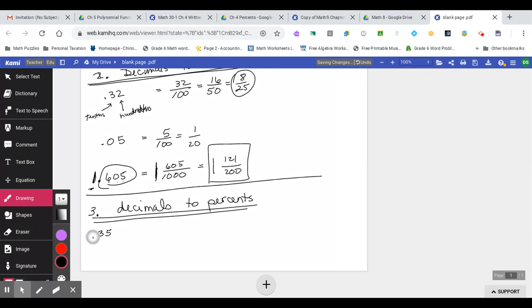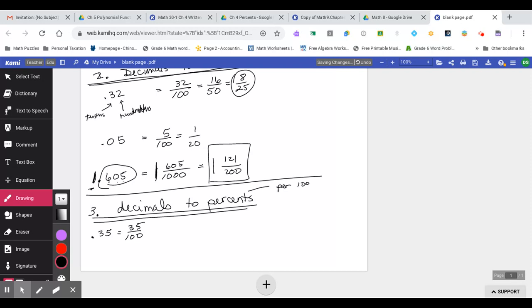Well, you can do a few things. First of all, maybe you need to understand clearly that percent means something per 100. We talked about that before, the cent part means per 100. So if you can get something to be in the 100 spot, if you can show it like a fraction, this is the same as 35 hundredths.